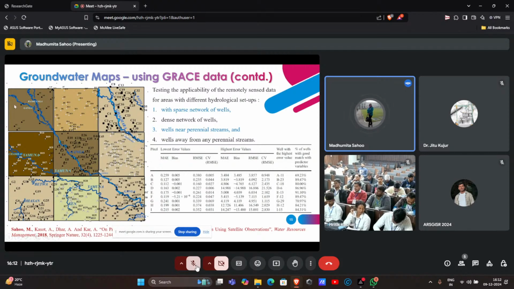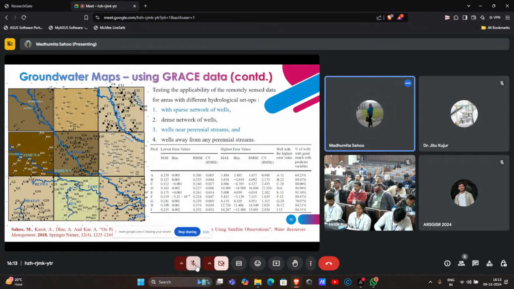One is with a sparse network of wells. I have taken 9 different grids in the state of Uttar Pradesh. These 9 grids are GRACE satellite data grids, and the Ram Ganga, Ganga, Ghagra, Rapti and Jamuna rivers are flowing through those grids.